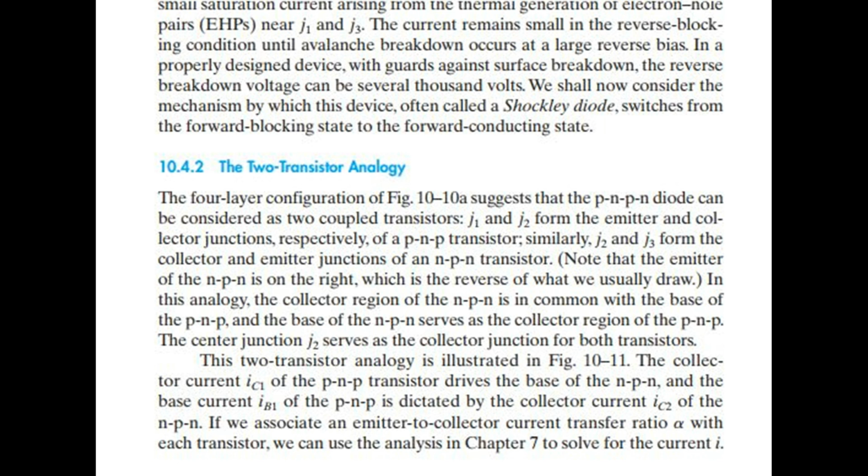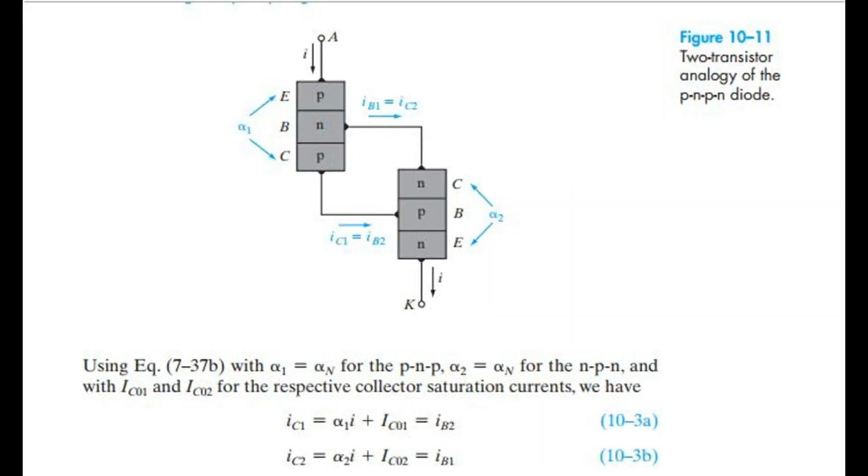In this analogy, the collector region of the NPN is in common with the base of the PNP, and the base of the NPN serves as the collector region of the PNP. The center junction J2 serves as the collector junction for both transistors. This two-transistor analogy is illustrated in Fig 10.11.